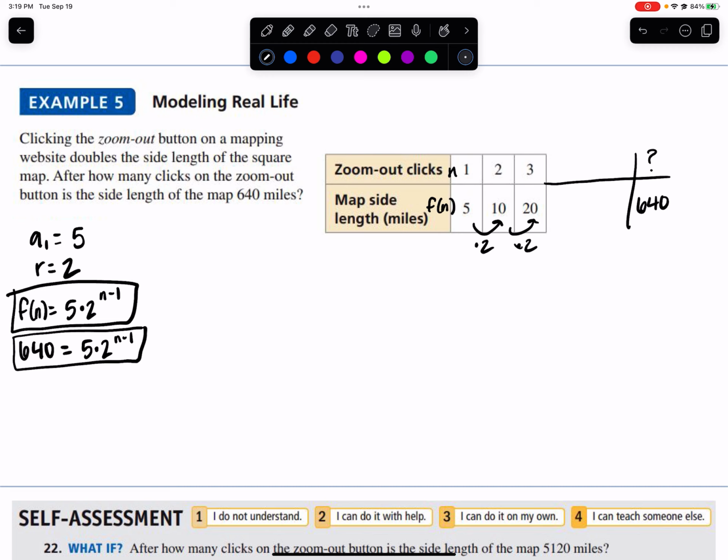If you want to take it a few steps, you can divide both sides by 5, because we're solving for n. So 128 equals 2 to the n minus 1. And then if you are aware of how to solve exponential functions, then you could continue this problem, but we are going to stop right here for now.